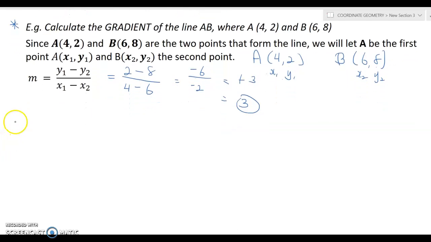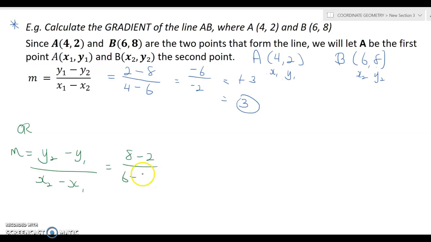Let's see if I get the same answer. So our y2 is 8. Our y1 is 2 all over x2, which is 6. Take away our x1, which is 4. So 8 take away 2 is 6, and then 6 take away 4 is 2, and then we get the answer as 3, right?